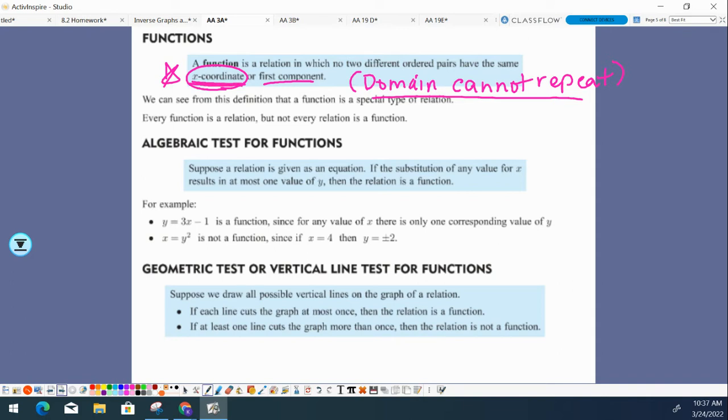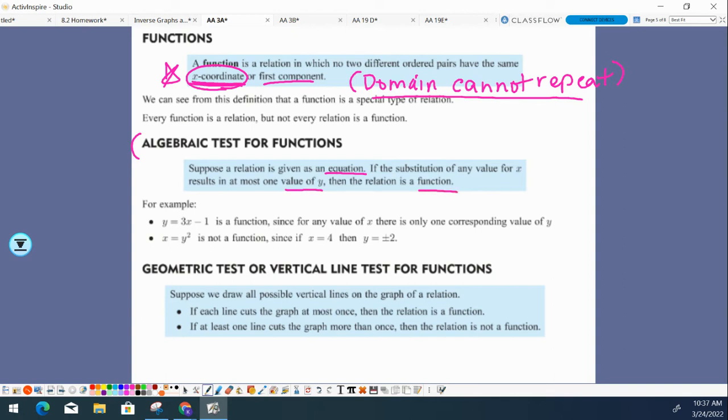If you're looking at an equation or a graph, there's different things you do depending on which type of expression you're looking at. So the algebraic test is, suppose it's given as an equation. If you can substitute any of the x values in that result in just one y, then it's a function.